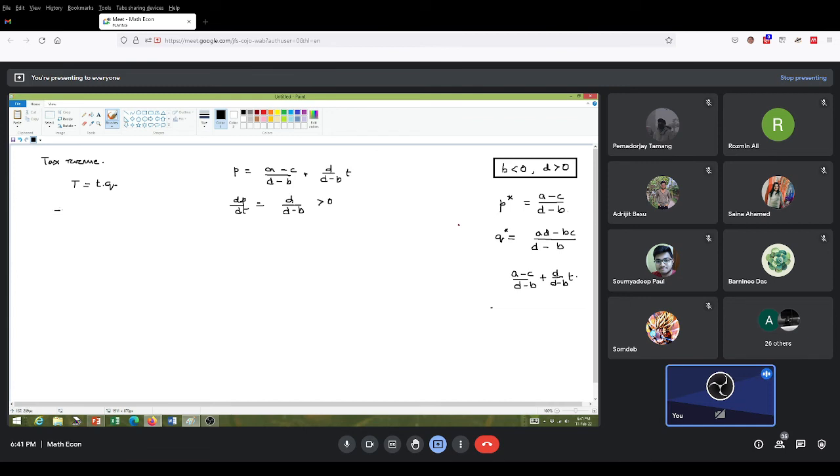Now over here, we are basically using the demand function. Tax into Q. We are substituting the demand function over here, and then in the next step we are putting in the price.